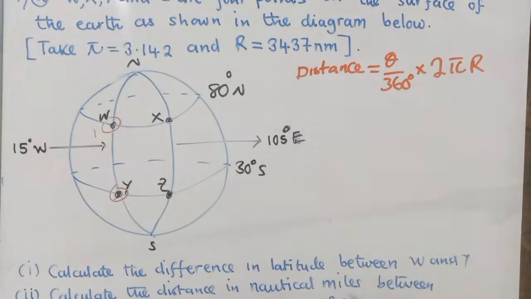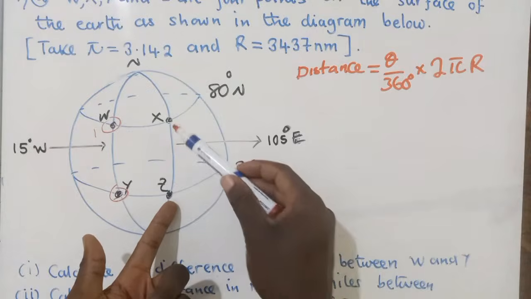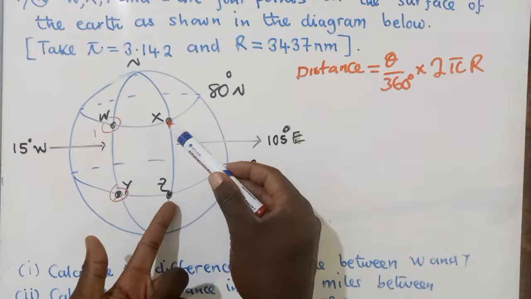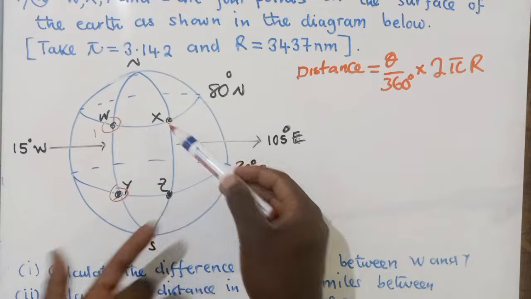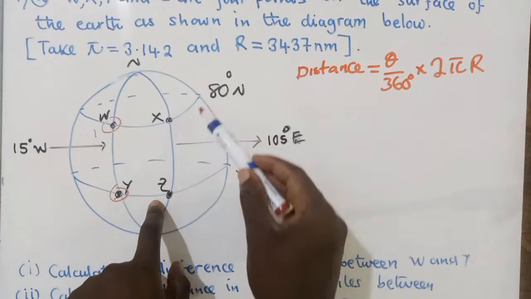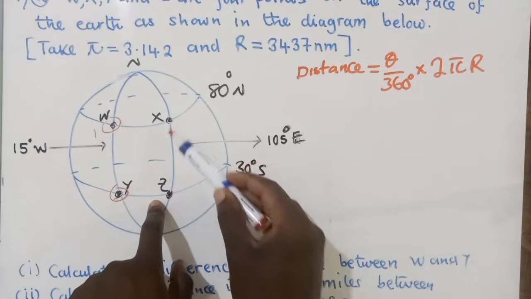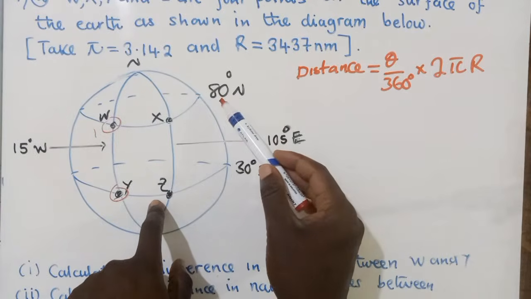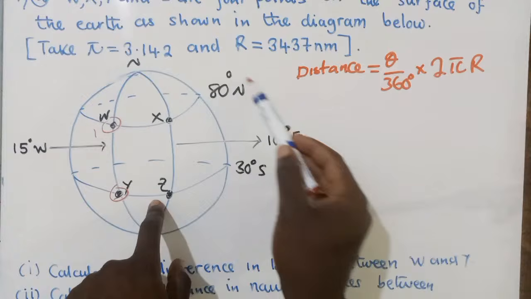For example, they told us to find the distance between x and z. So you find theta. For you to find the theta, you check these latitudes, the ones cutting these 2 points, and then you see what sign is here.